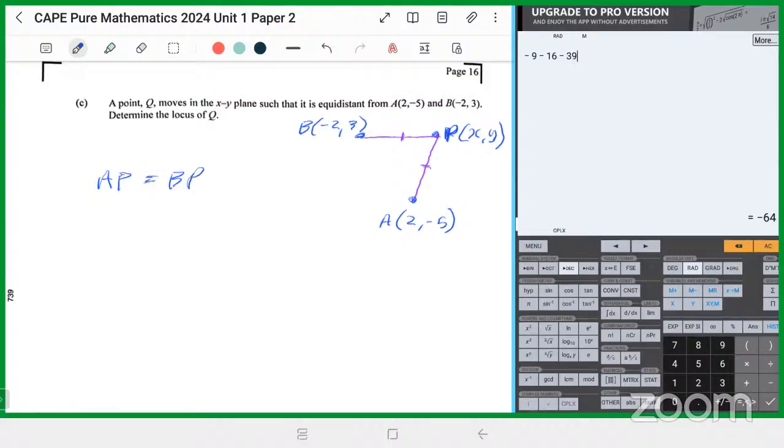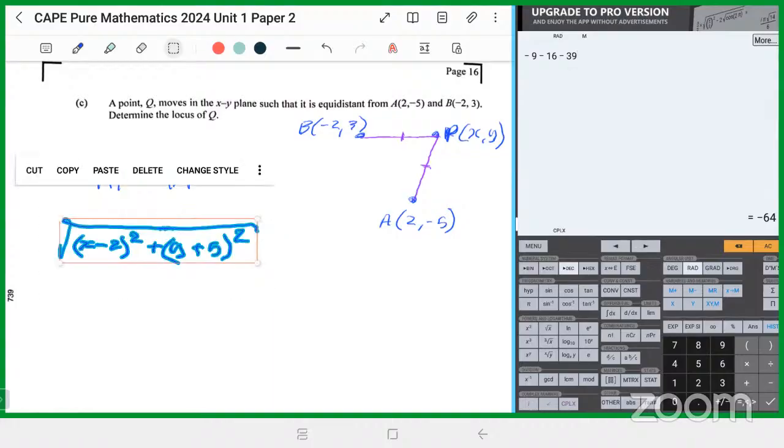What is AP? AP is the square root of the difference in x squared using these two, right? So it's x minus 2 squared, plus y minus negative 5, which becomes y plus 5, squared. Let's shift this down a bit.